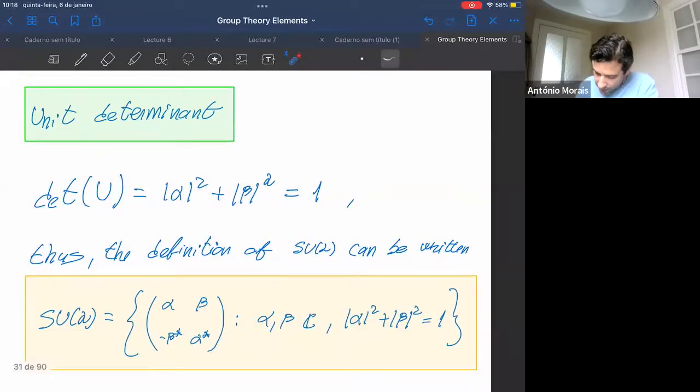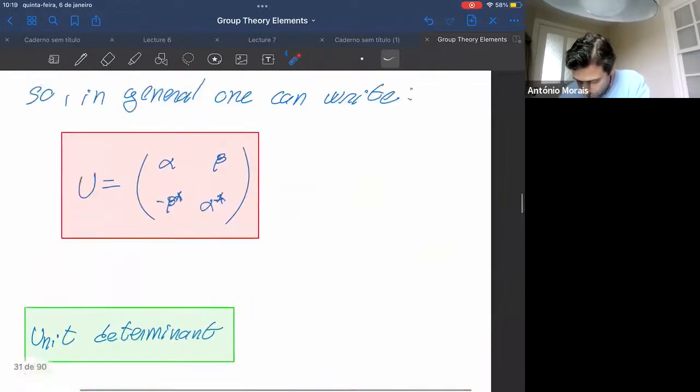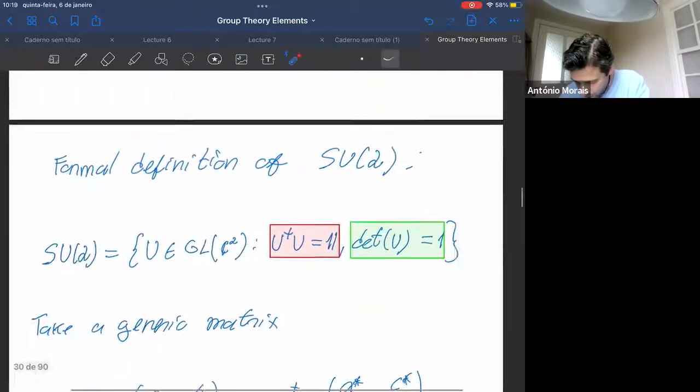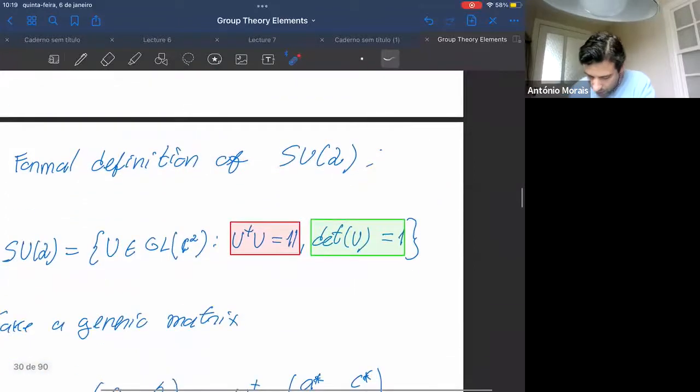So these are the matrices of this generic form, with alpha and beta belonging to the set of complex numbers, and such that modulus alpha squared plus modulus beta squared is equal to 1. So this is equivalent to the definition here above.